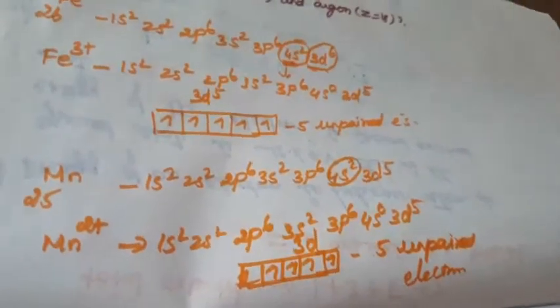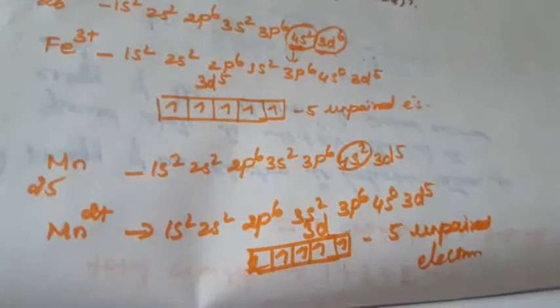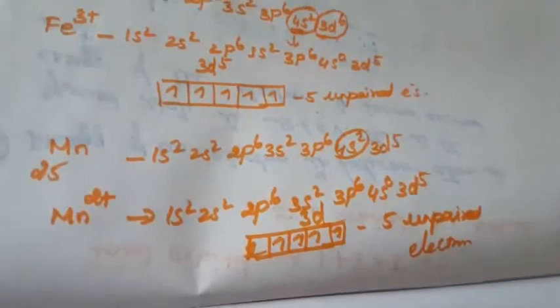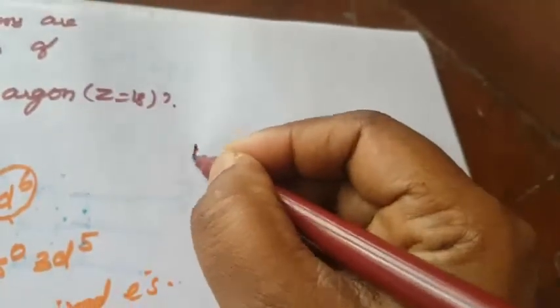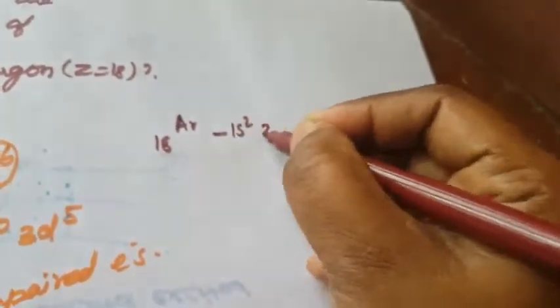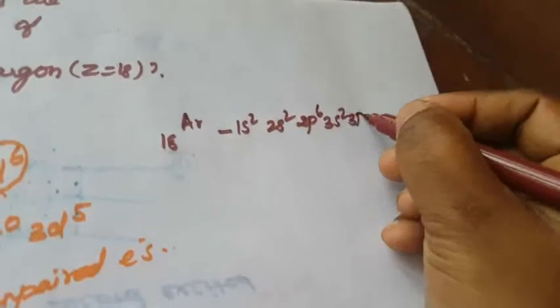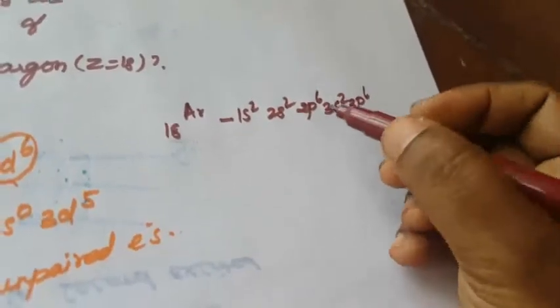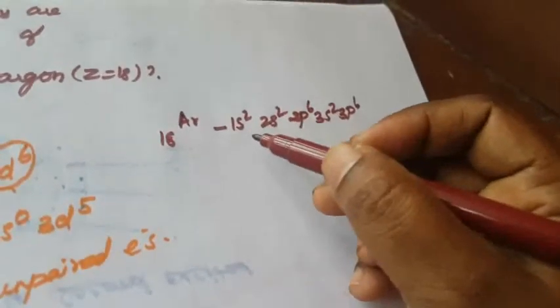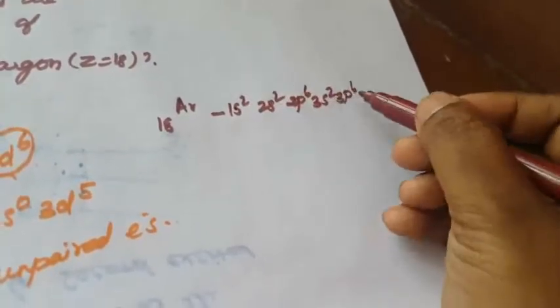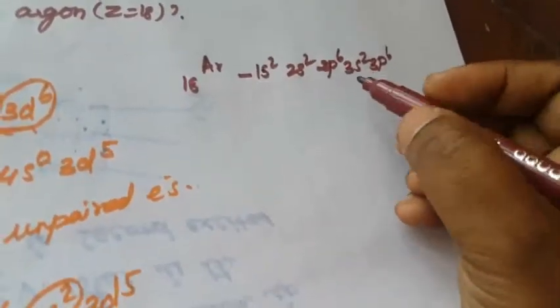Okay, so next one is argon. What is the electronic configuration of argon? Argon atomic number is 18. How to write the electronic configuration? 1s2, 2s2, 2p6, 3s2, 3p6. That is 18, so 10 plus 8.